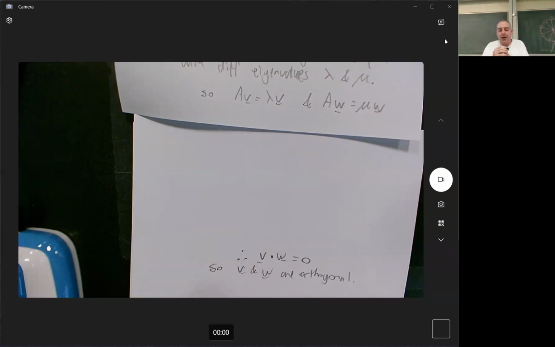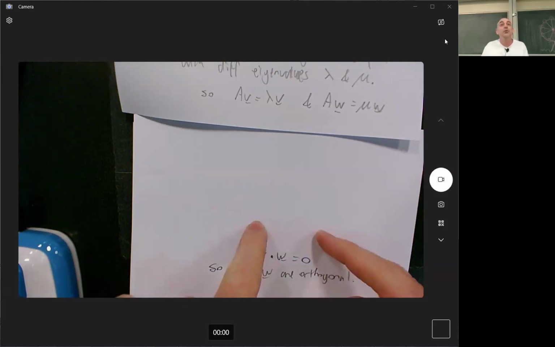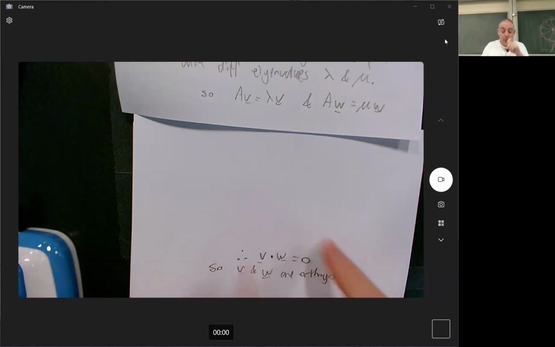My naive thoughts are to do the dot product of lambda V and mu W, because I should be able to multiply both sides of this by lambda and mu, and it would still be true.